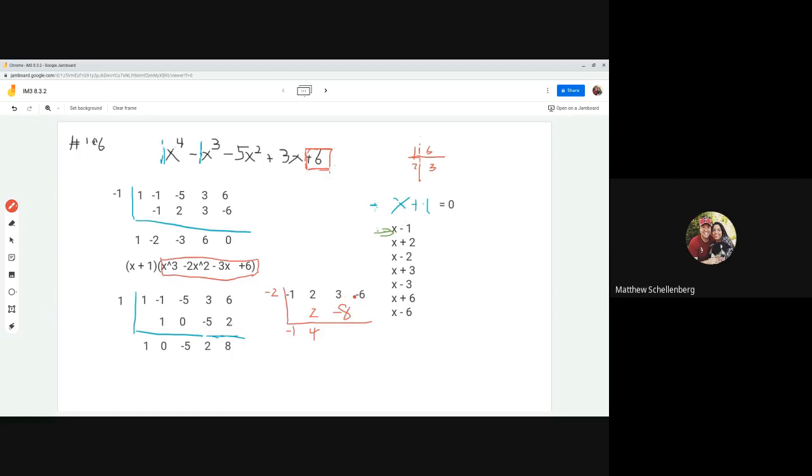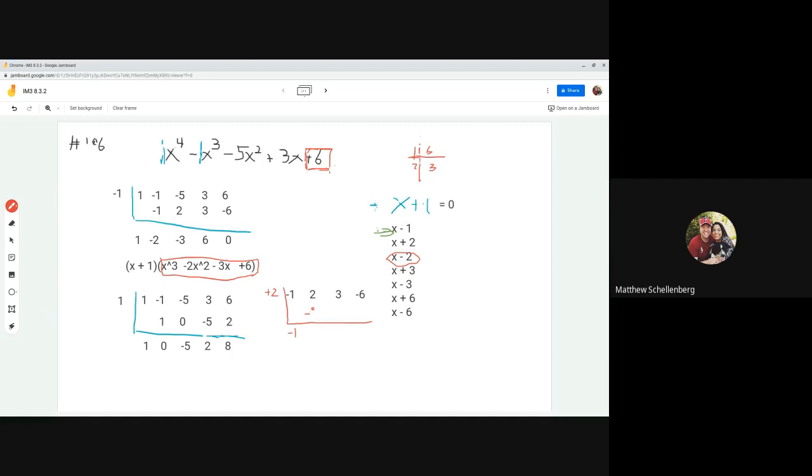Oh, I screwed up. I was going to try this one. And it's a good thing I made this mistake, as this happens to you too. What that means is I'm actually trying plus 2. So I'm going to bring down minus 1, and I'm going to multiply by 2.